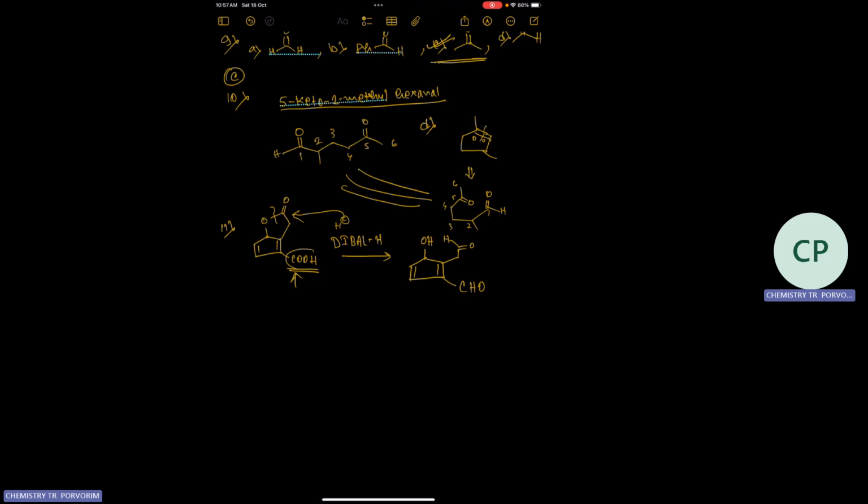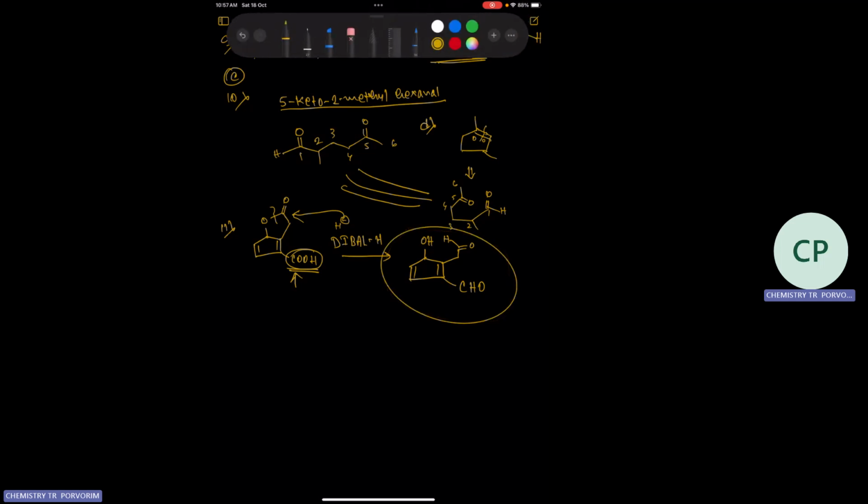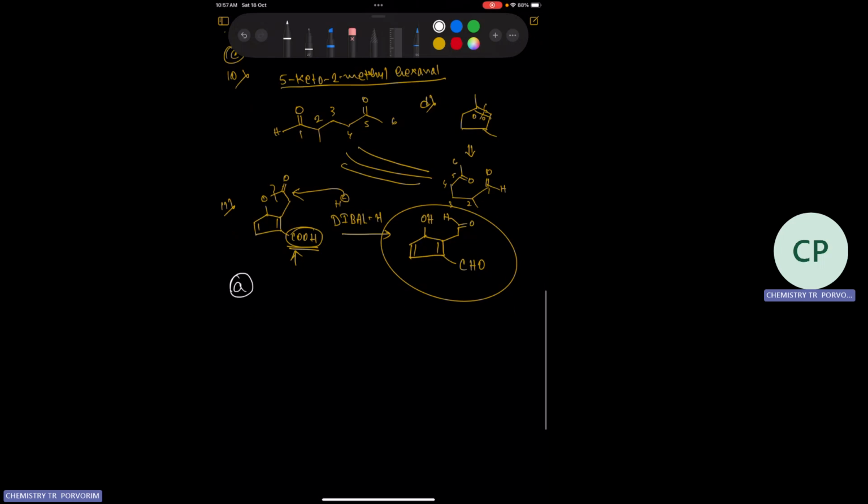It should be reduced, right? One step behind the reduction, COH comes to CHO. So this will be the product. If this is the product, then our answer should be A.